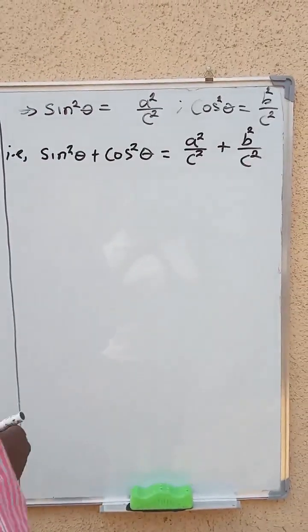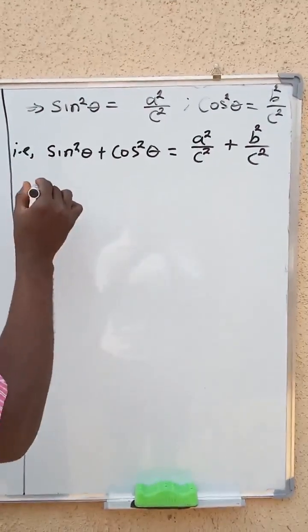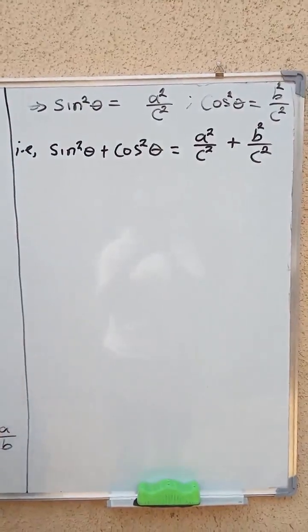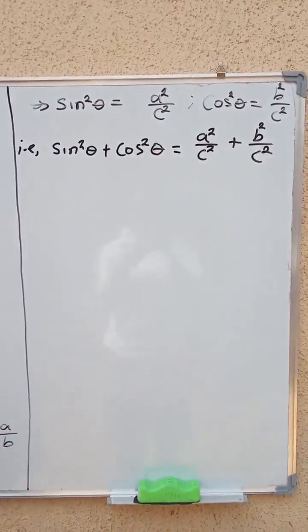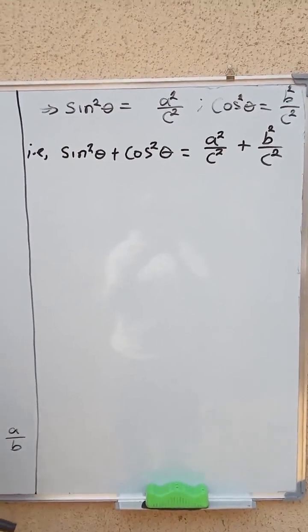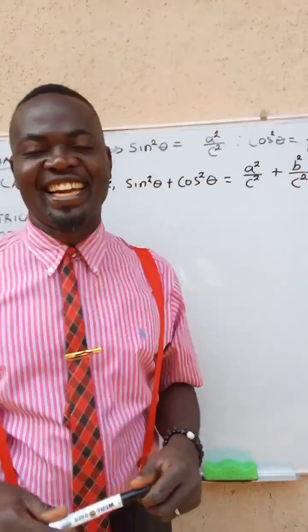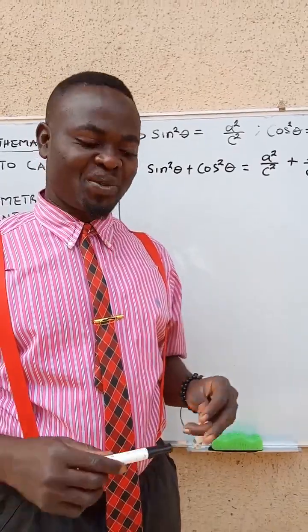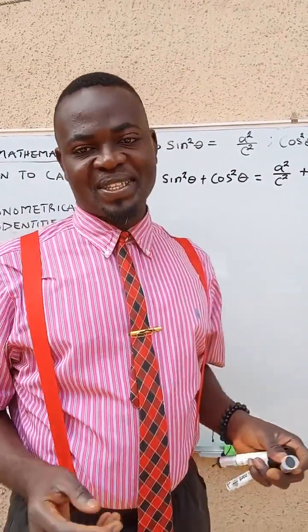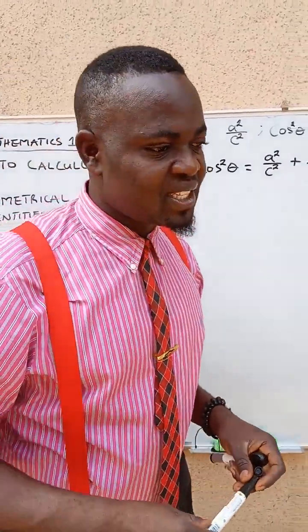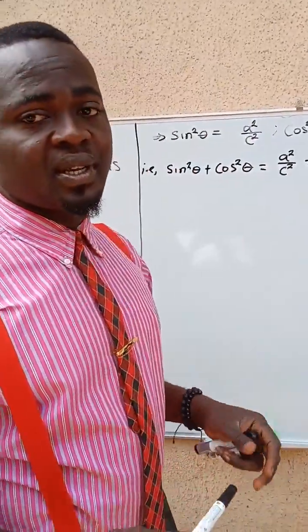Okay, if that is the case, there's one man in mathematics that we always remember when we come to trigonometry, Uncle Pythagoras. He was my classmate. Then I decided to go for business. Uncle Pythagoras is a very good man. He studies a lot.